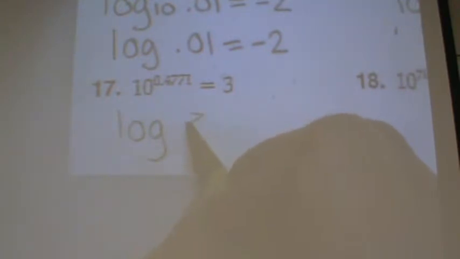Can you guys give me 17? Log of 3 equals 0.4771. Next one. Log of R equals 7K.